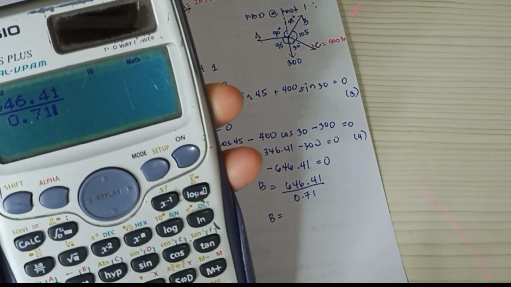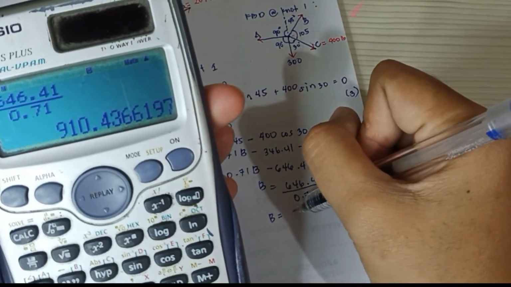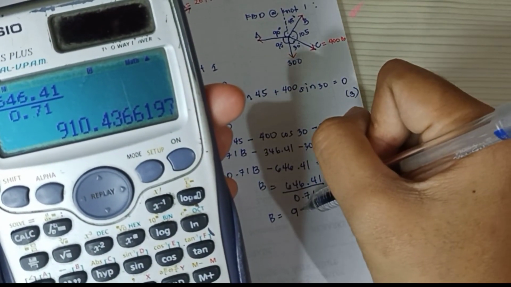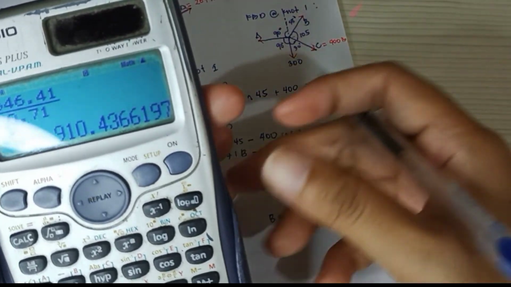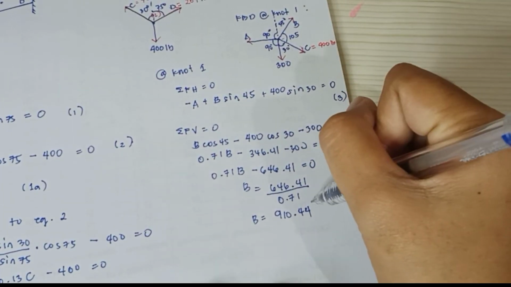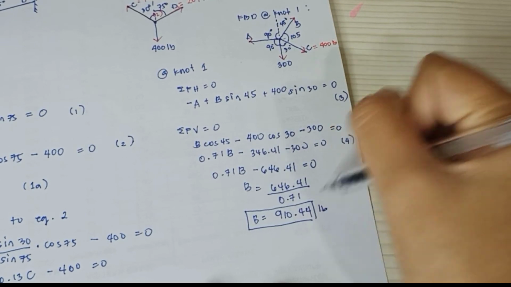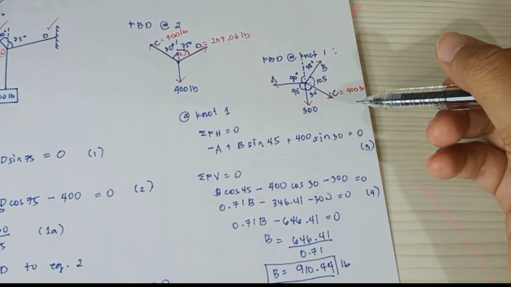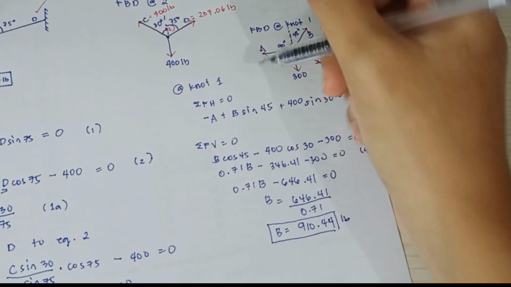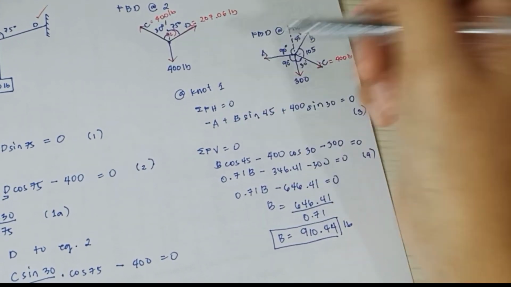Divided by 0.71, we have 910.44. So, meron na tayong value ng B. That is in pounds din. So, meron pa tayong isang nakalimutan. Yung value ng A dito.